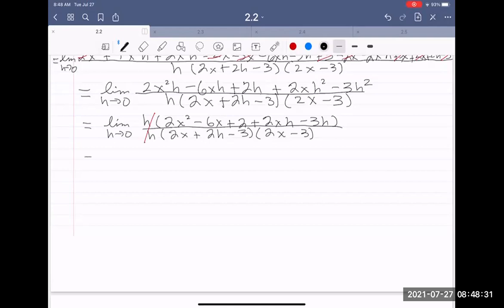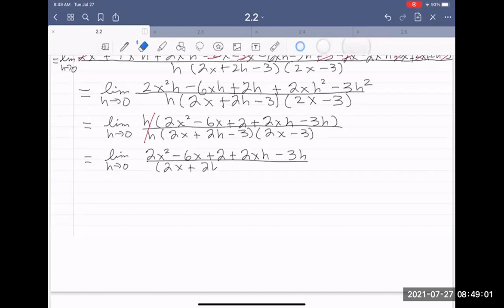So this is equal to the limit as h approaches 0 of 2x squared minus 6x plus 2 plus 2xh minus 3h, over 2x plus 2h minus 3, 2x minus 3.